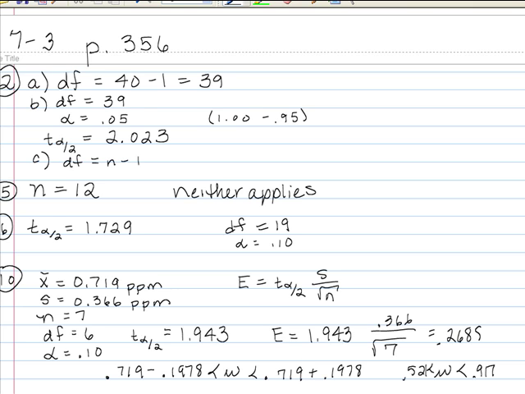Alright, so 0.719 minus 0.2688, I get, that sounds better, 0.450, and 0.719 plus 0.2688 is 0.988. Okay, and those would be ppm. Don't quite have enough room here to put it on the same line, so I'll write it underneath.